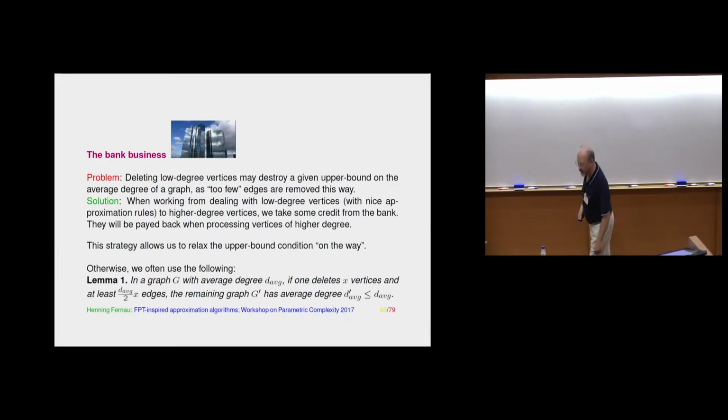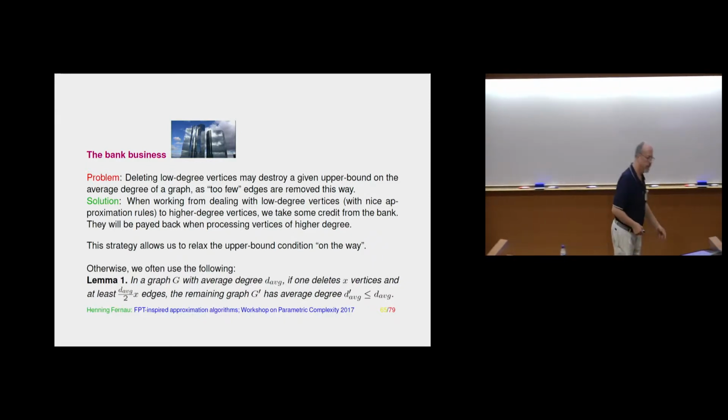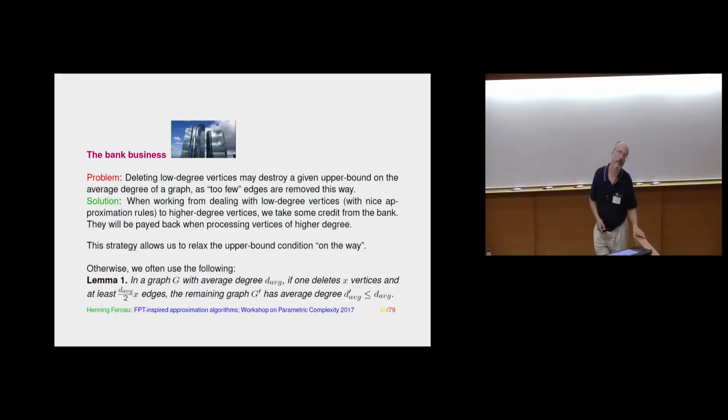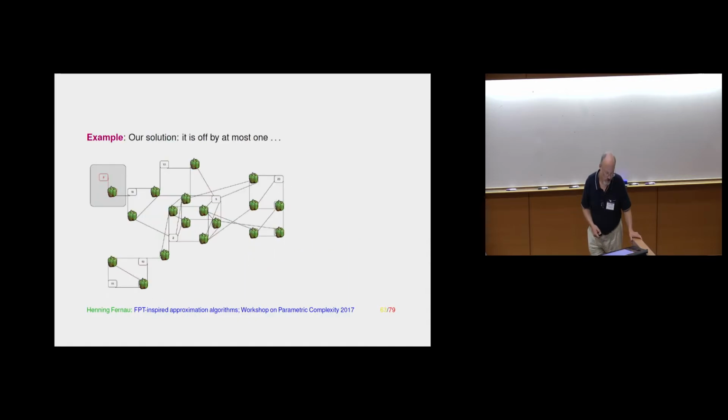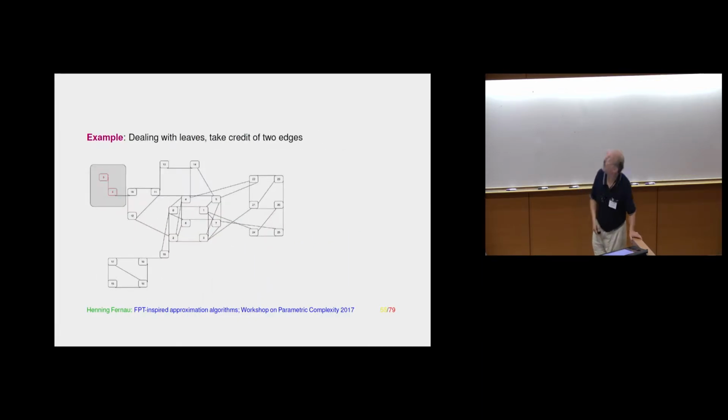It means that whenever I delete x vertices from my graph, I would have to delete twice as many edges at least in order to maintain the average degree. That's coming out of this formula. Well, and if I don't do this, I have to go to my bank and ask for money. So that's exactly where this whole thing comes from.